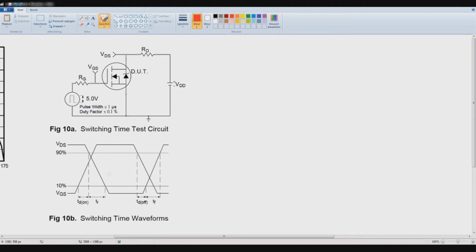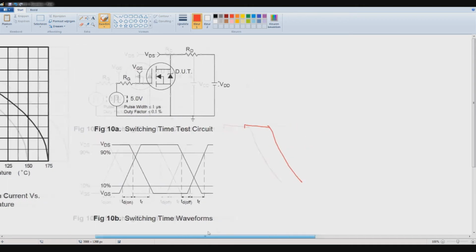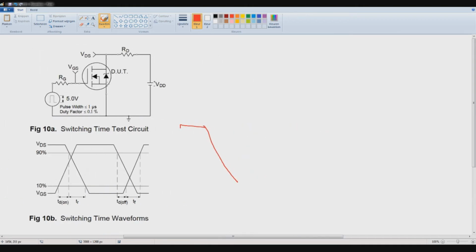So yeah, one solution is to firstly decrease the drain to source. For example, using this diode, if you have a high side, you have a load over here, then you have a voltage over here and a voltage over here.